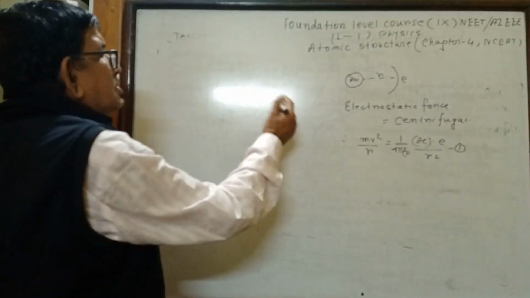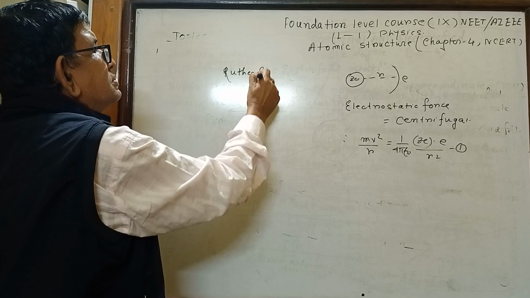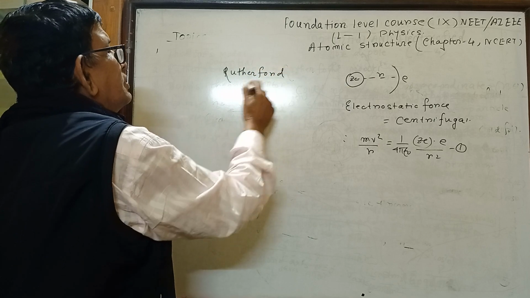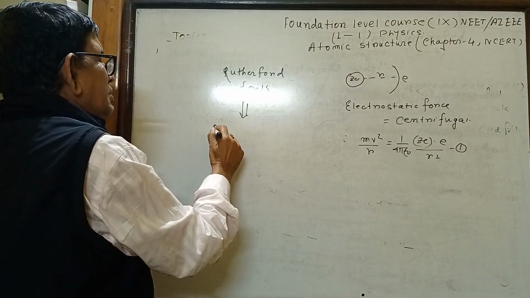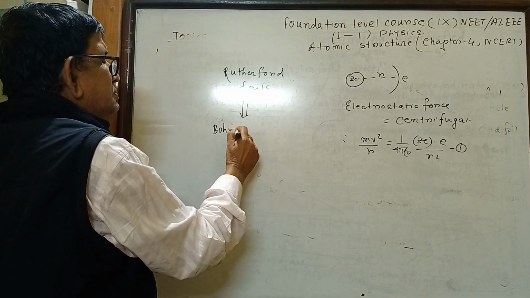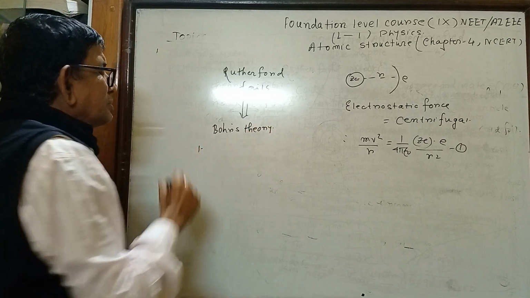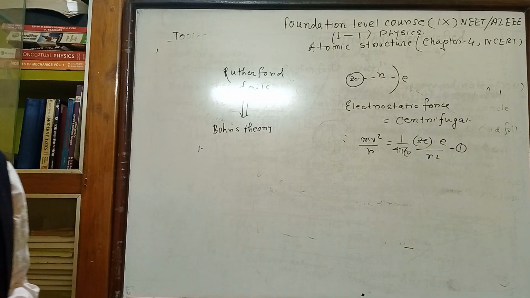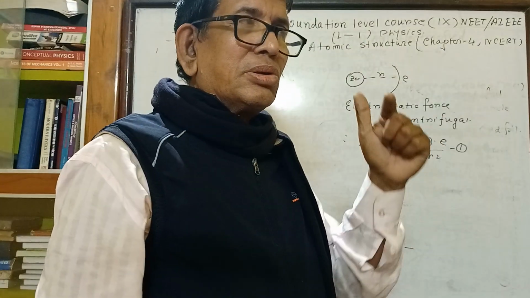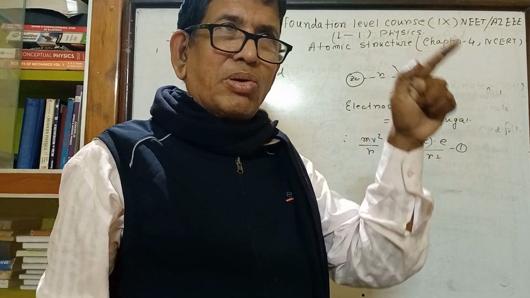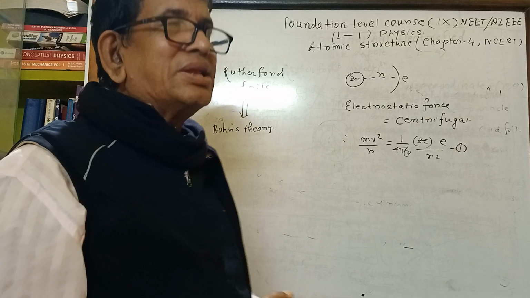So, where Rutherford fails, Bohr's theory comes in. According to the first concept of Bohr's theory, the electron will rotate in a principal orbit from which no energy is radiated.